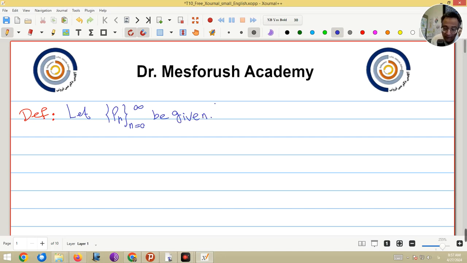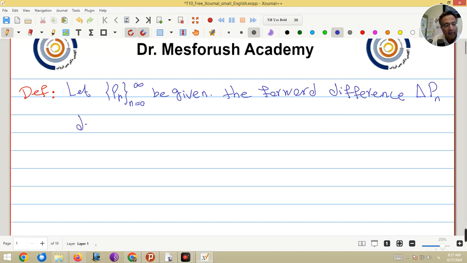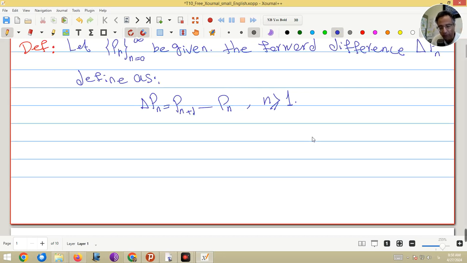We call the forward difference, which we show by delta Pn, defined as delta Pn equal to Pn plus 1 minus Pn for all n greater than or equal to 0.